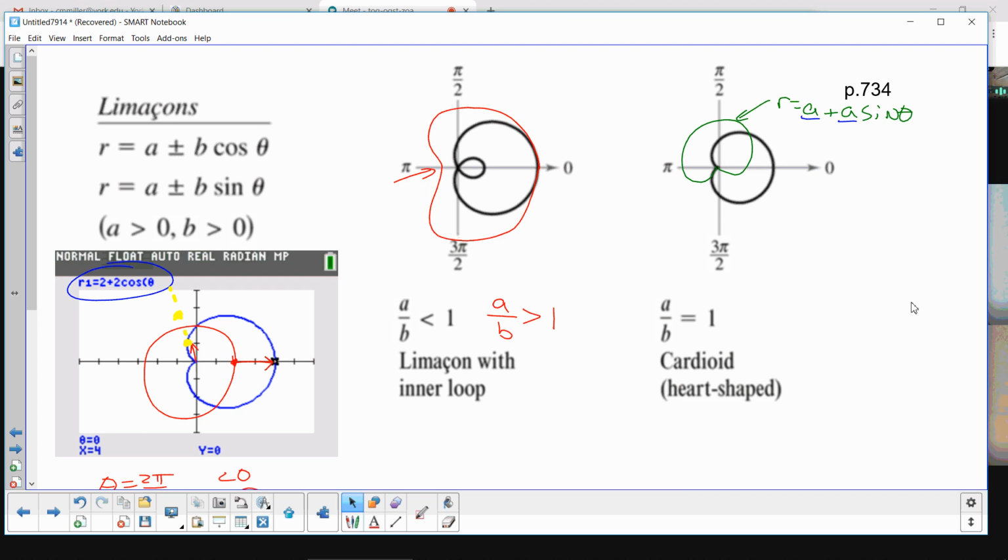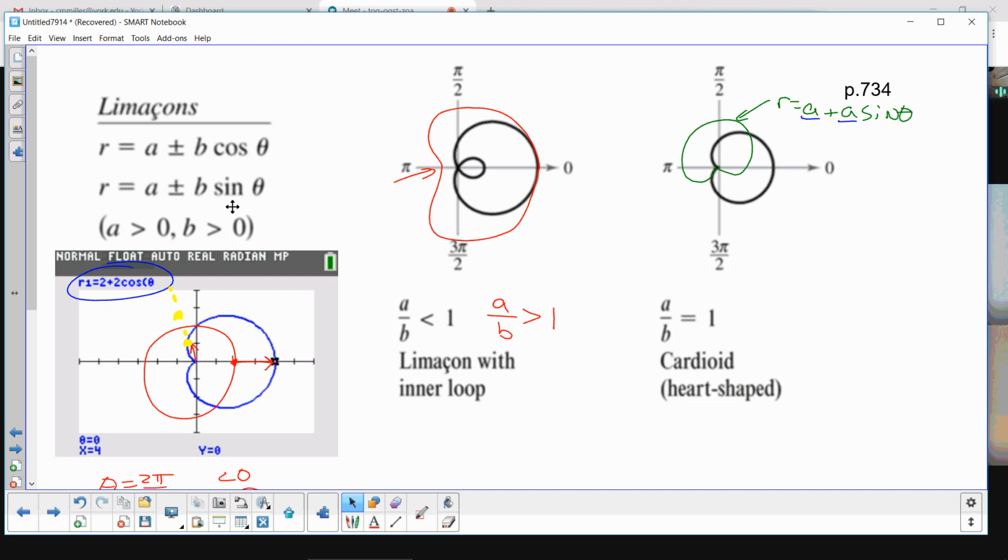It gets more interesting if they're not the same. This trigonometric part serves to offset this constant. Because this can become negative, these constants obviously stay what they are. And it turned out if you make them negative, it doesn't change the graph. It just traces them in the opposite direction.